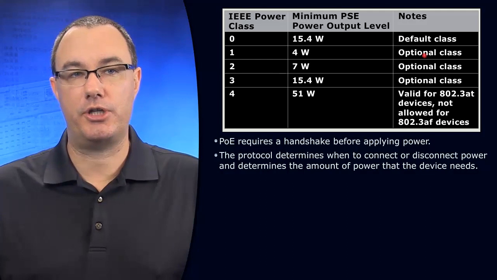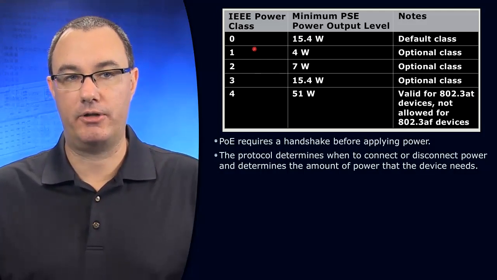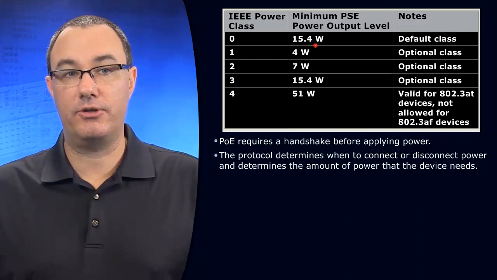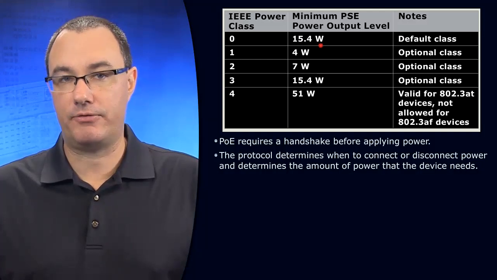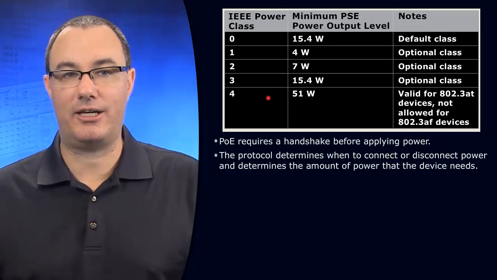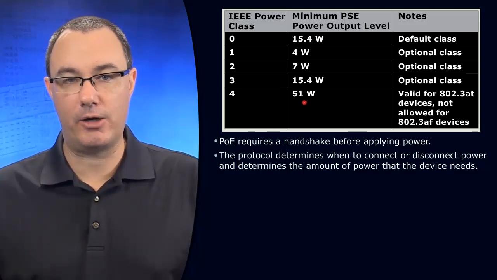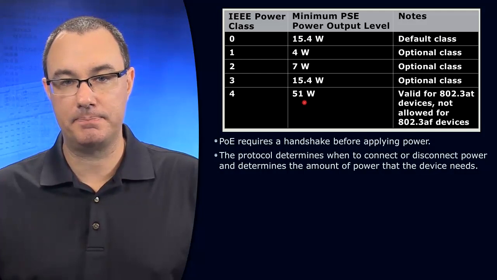And then a negotiation takes place to figure out what class of power we are talking about. So class 0. And this is the AF standard we're talking about. But then if we go to 4, this is the AT standard. 51 watts. Holy smokes, that's a lot of power coming over that UTP cabling.